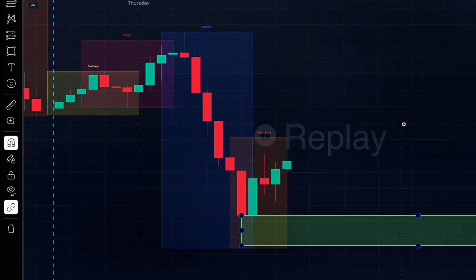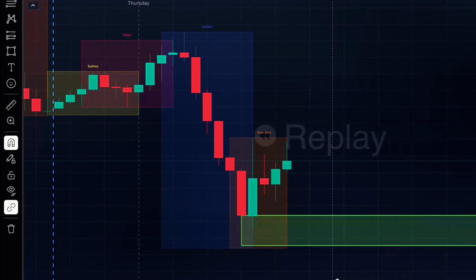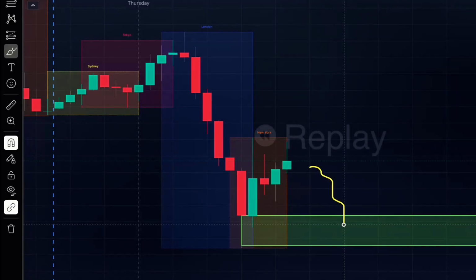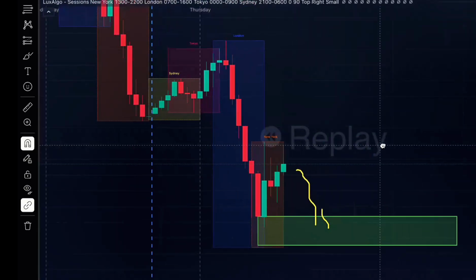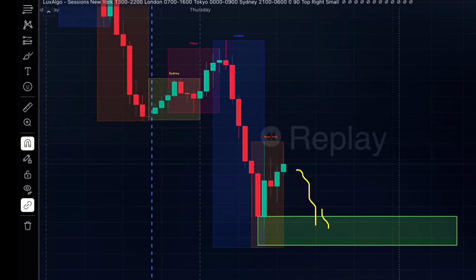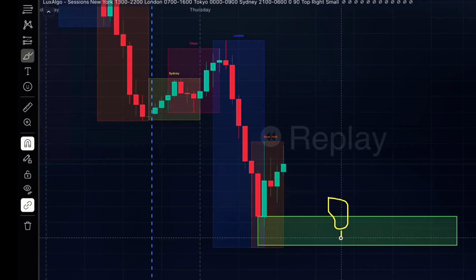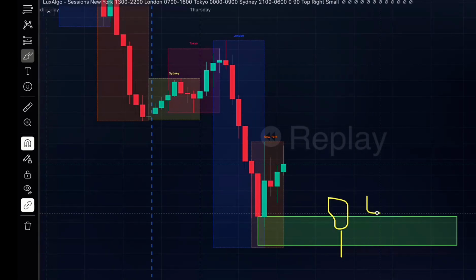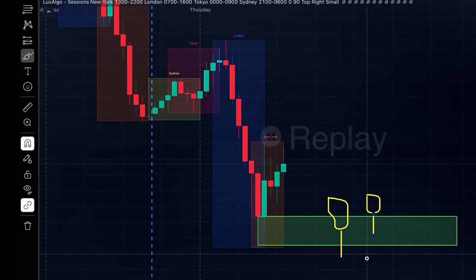Okay, so now what I'm gonna explain to you is this: when we have the pullback coming inside here, we want to see a candle that can close. Let me remove this one here. I want to see a candle that can close inside the zone, or close above the zone, but with the wick inside here or outside the lower line of the zone.